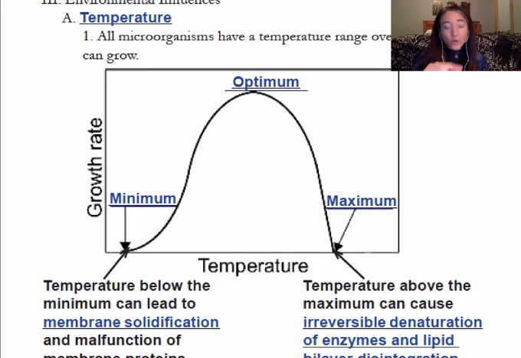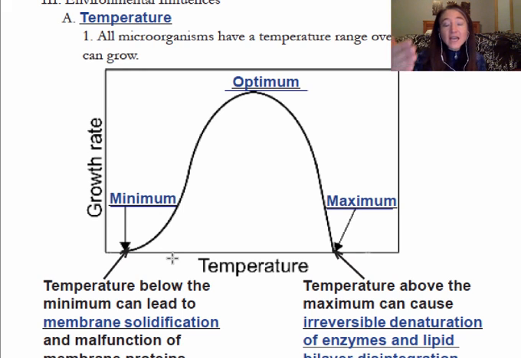Now, this growth curve represents the enzymatic activities of the cell. So you can see that as we rise from the minimum to the optimum, that's representing increased enzymatic velocity, and of course that is reflected in overall increased metabolic rate and increased growth rate.